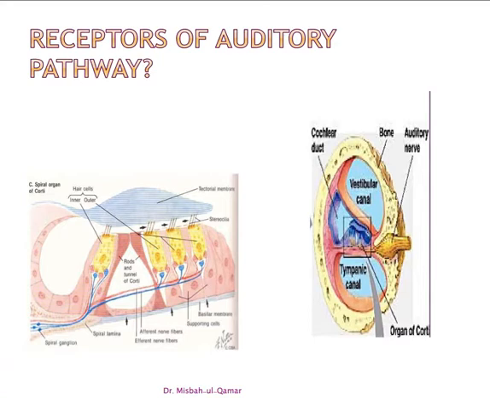Now the nerve endings around hair cells are dendritic neurites, and the cell bodies are present in the spiral ganglion in the modiolus. Here the cell bodies lie.